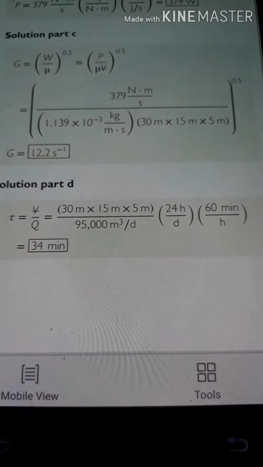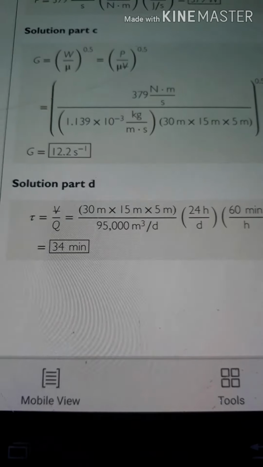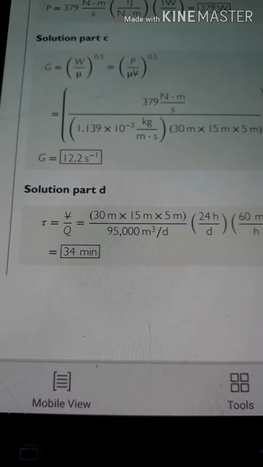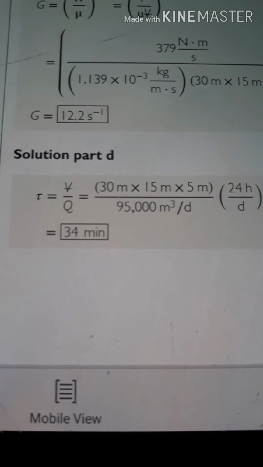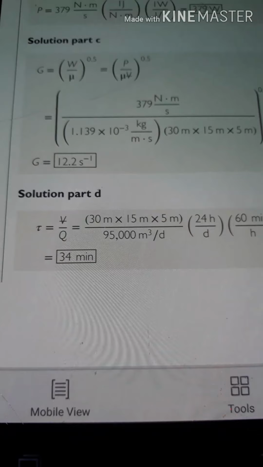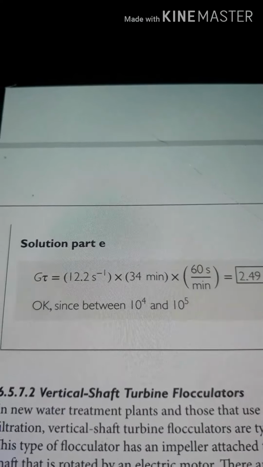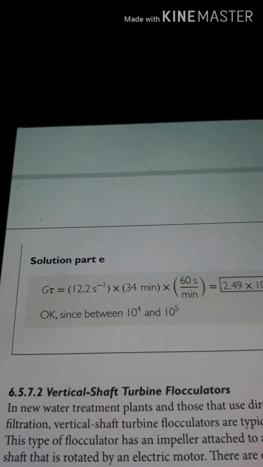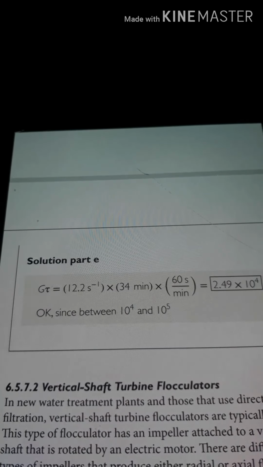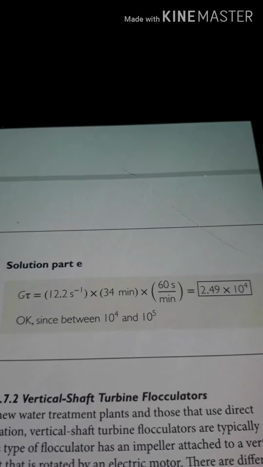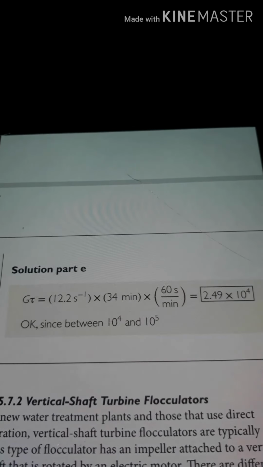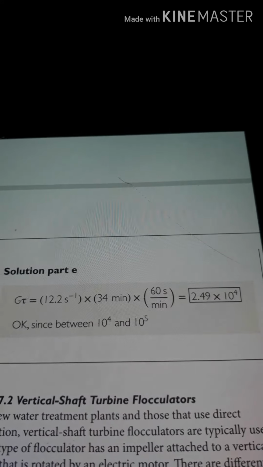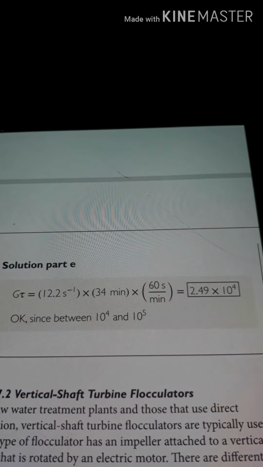Just multiply it, divide it by our volumetric flow rate, then use the conversion factor beside it, and that will give us 34 minutes. That's it for our solution part D. For our solution part E, we are asked to find G times T, our velocity gradient times the detention time. And that is 12.2 s raised to negative 1 times 34 minutes times our conversion factor of 60 seconds per minute, and that is 2.49 times 10 raised to 4.